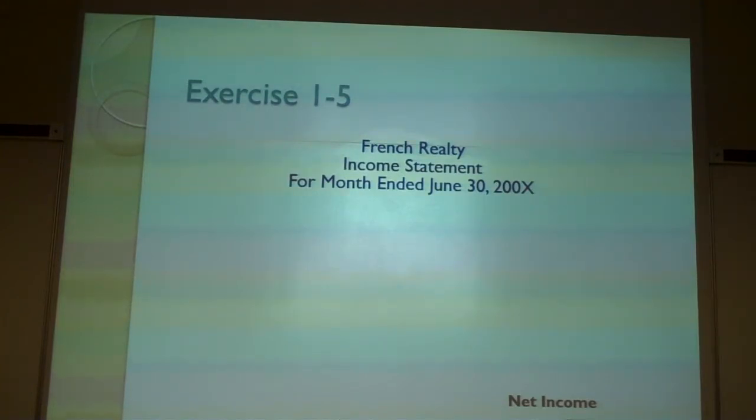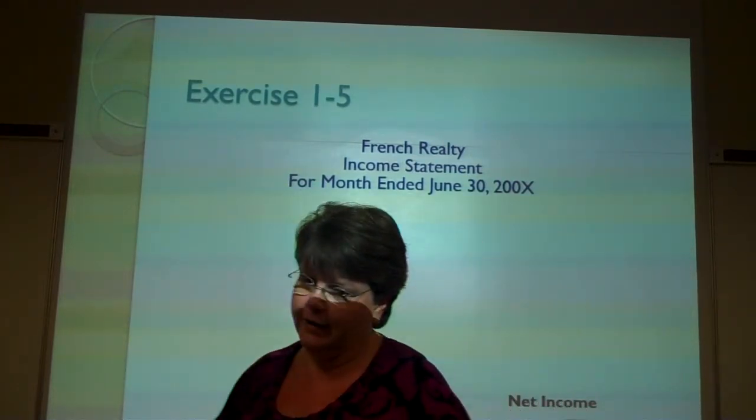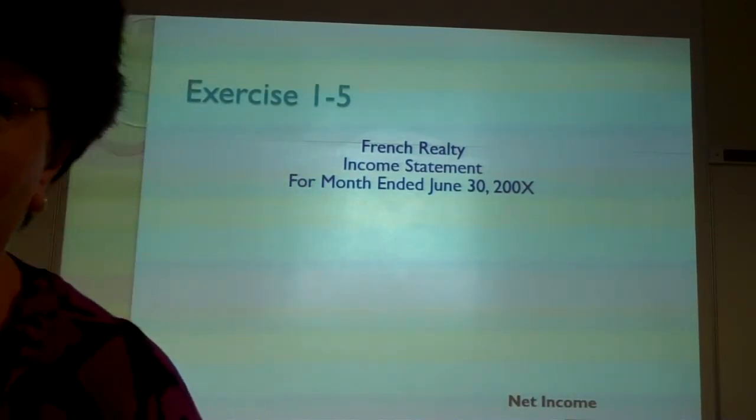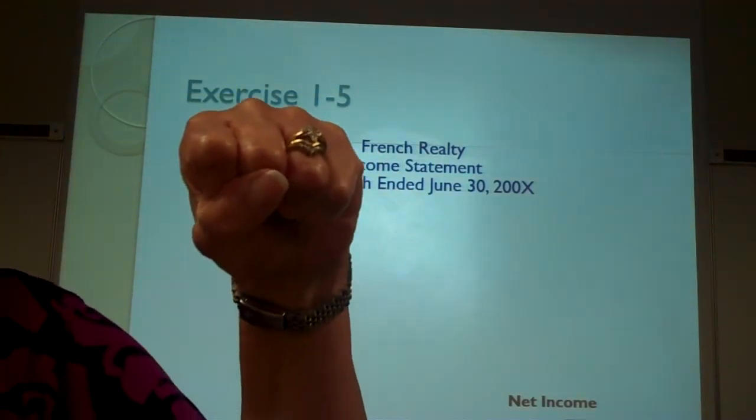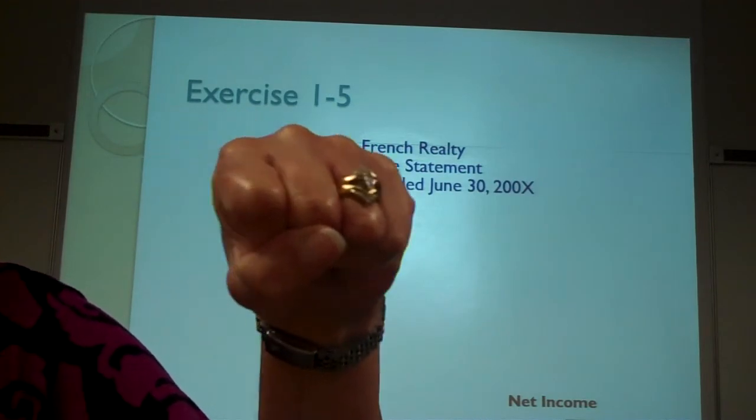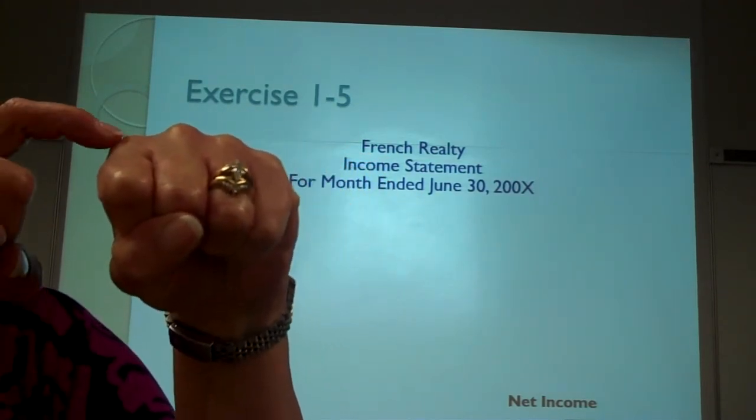How do we know that June 30th is the last day of June? I'll have to do this so that everybody at home can see me too. Can you see my hand in the camera? Okay, this is how you can always tell which months have 31 days.